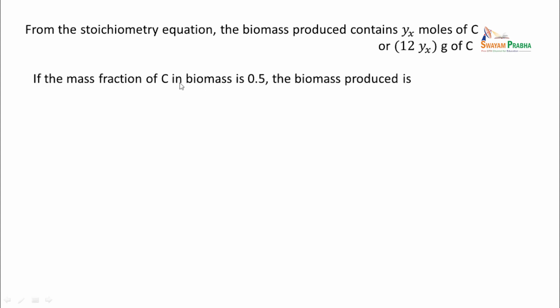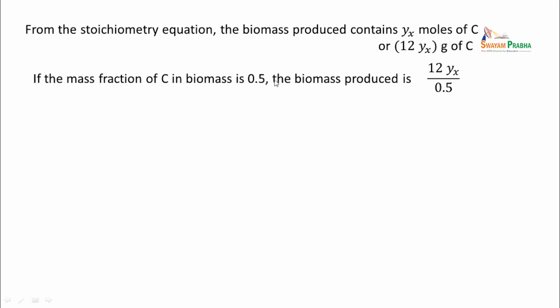If the mass fraction of carbon in biomass is 0.5, that is what we have been asked to assume in this problem, the biomass produced is 12 YX by 0.5. This is unitary method. It might appear a little odd in the beginning, but it's just unitary method. The mass fraction is 0.5. If 1 contains 0.5, how much will 12 YX contain?